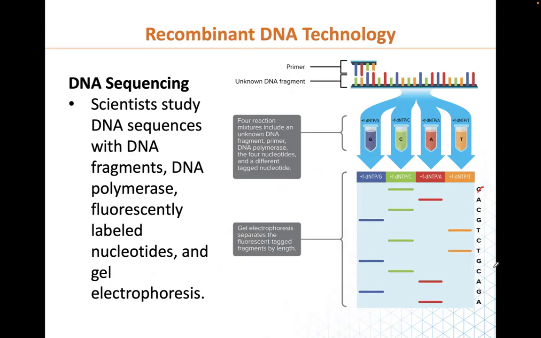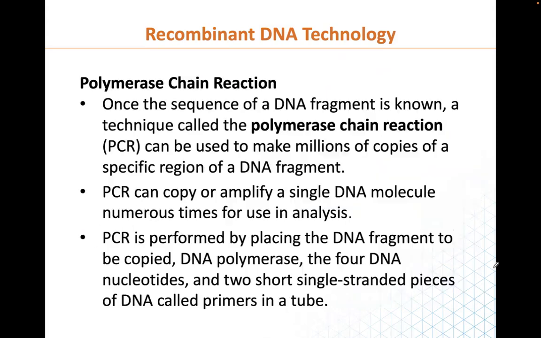This is going to produce a normal DNA with a double helix, so you want to increase the number. The method you use to increase the number is called polymerase chain reaction, PCR. It can be used to make millions of copies of specific regions of a DNA fragment.